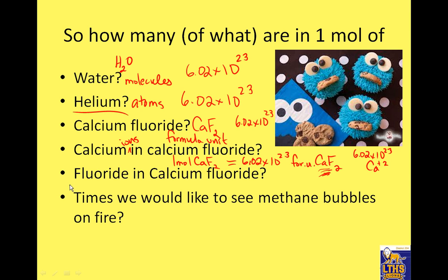But if I asked you how many fluoride ions are in 1 mole of calcium fluoride, since there's 2 fluoride ions for every 1 formula unit, 1 mole of calcium fluoride actually has 2 moles of fluoride ions. So that's going to be Avogadro's number times 2 for fluoride ions.